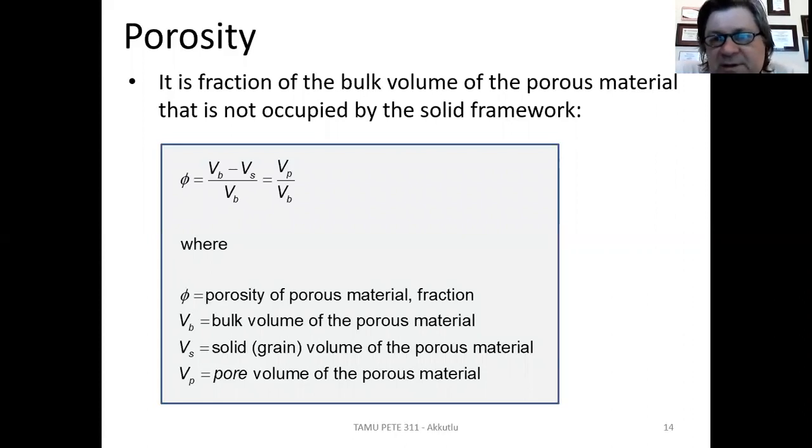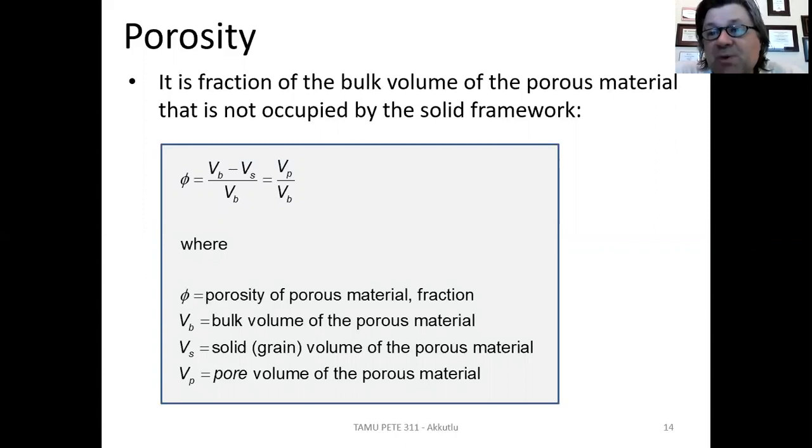Pore volume is the space available inside that volume. So this is due to the pore network of the sample. There are different methods of finding that out, and that's very important for us because it's an indication of the economical consideration, basically.